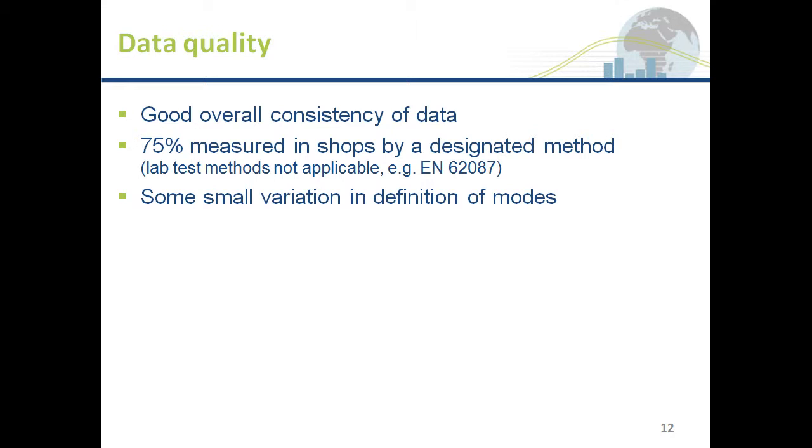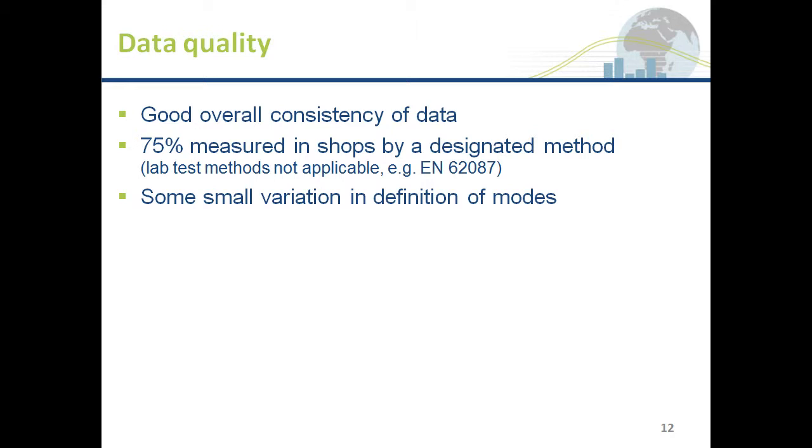So data quality overall was pretty good. We have data sets that were consistently produced to a recognizable and well-documented methodology. And three quarters of those measurements were actually done in shops. So whilst it's not measured to the formal harmonized test methodology, such as 62087 for standby, we do feel that it is pretty robust data, particularly given the size of the data sets.